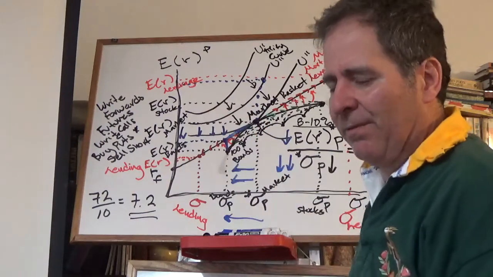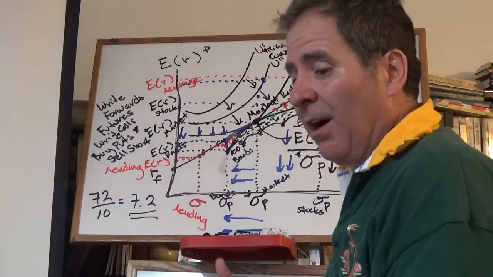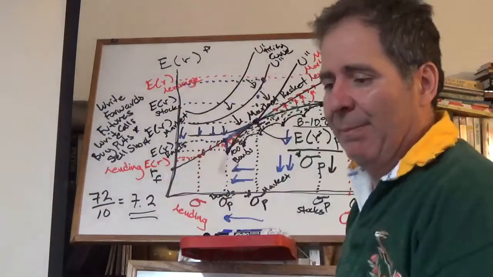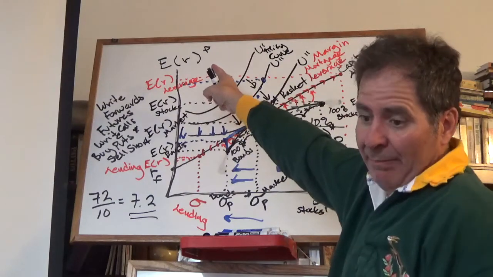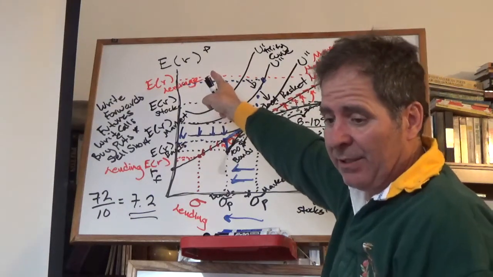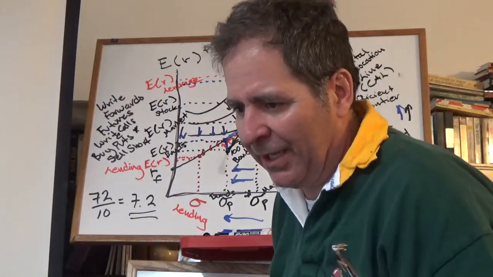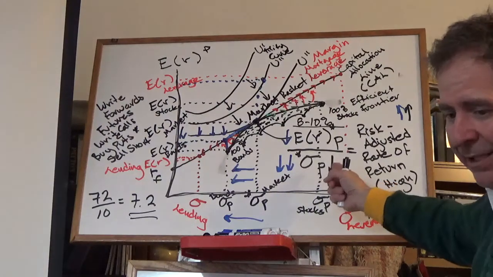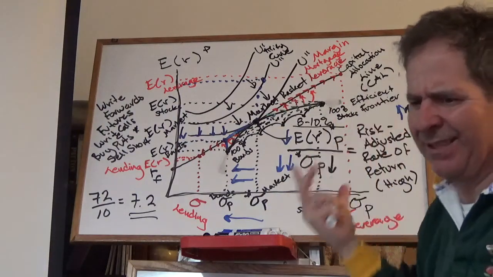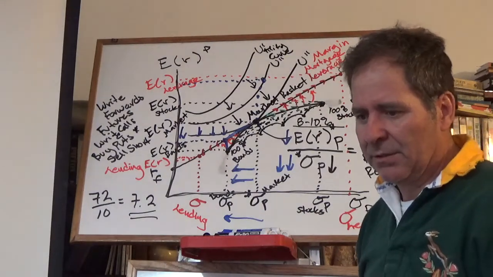The ability to construct these portfolios is feasible by pulling capital market instruments. But I can't build a portfolio up here of high return and low risk. There's no capital market products available to do that. I don't want to build a portfolio down here of high risk and low return. That doesn't make sense.